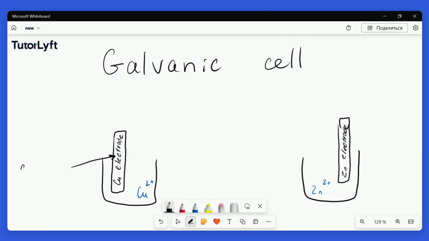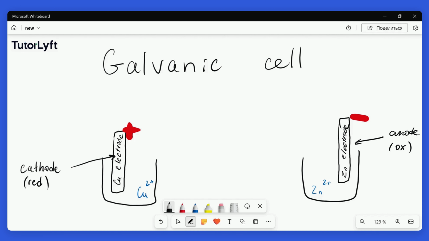So this is cathode. Why is it cathode? Because it's charged positively. Therefore, the negatively charged one, the zinc electrode, has the reaction oxidation, and it's called anode. So oxidation is happening here. Reduction is happening here.